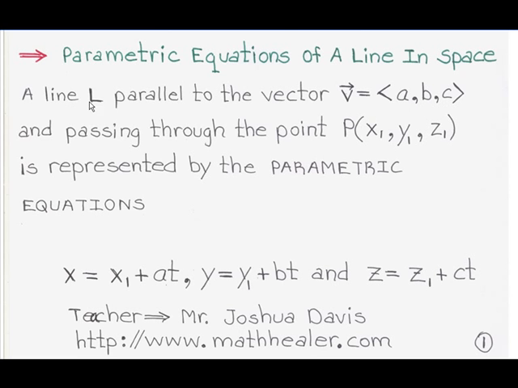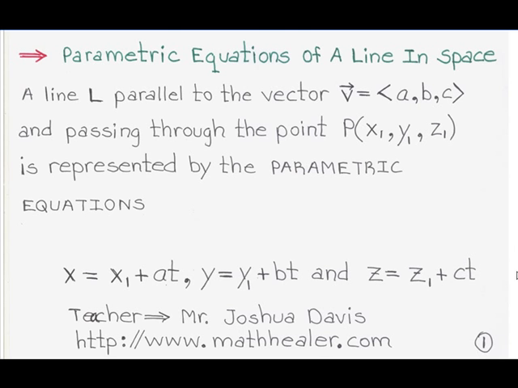So the sufficient condition is that L has to be parallel to this; V does not have to be on L. All that is required is that L is parallel to this, and passing through the point (x1, y1, z1) is represented by the parametric equations x equals x1 plus at, y equals y1 plus bt, and z equals z1 plus ct.